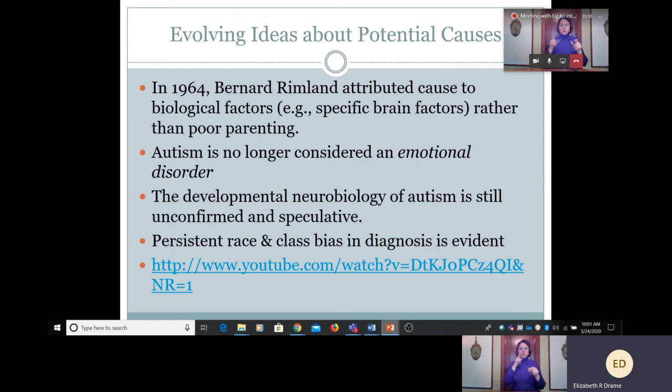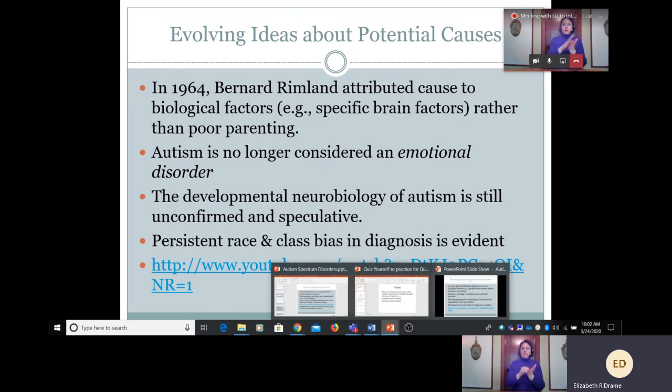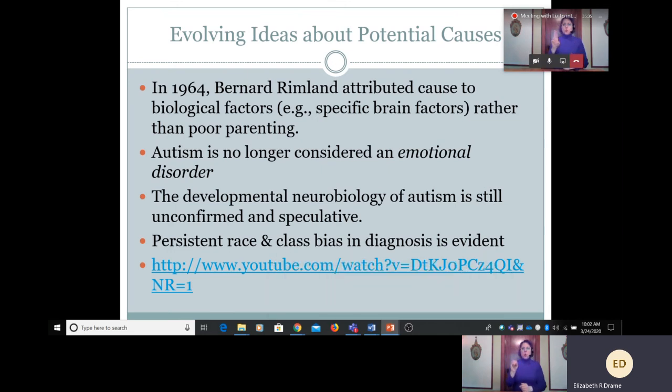So for example, patterns showing that the visual cortex is more highly engaged than the temporal cortex. So the visual cortex is more engaged in people with autism than the language cortex when doing an activity that's more verbal. So there's some studies trying to document the neurobiology of autism, but it's still not solid evidence.